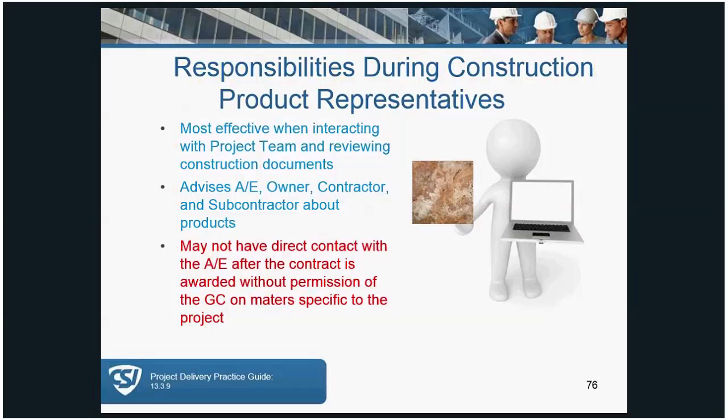They now have an obligation and a fiduciary responsibility to the contractor. So product representatives, you need to make sure that you don't get sideways with the contractor by going around them and talking with the AE directly. So if you think back on the lines of communications that we talked about earlier, this is very important. Next.